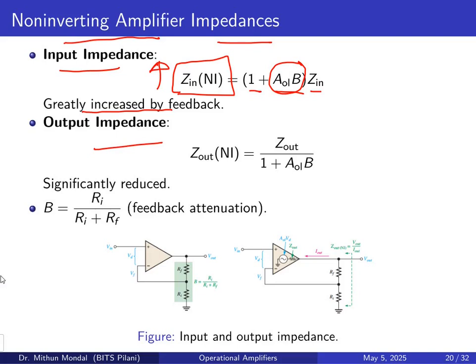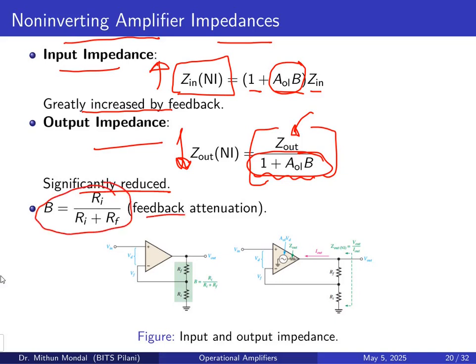Output impedance is given by this ratio, actual output impedance divided by 1 plus open loop gain multiplied with the attenuation factor. So since this will bring down the output impedance, it is significantly reduced. The feedback attenuation factor, again, B is Ri plus Rf. So the input and output impedance we can see for the non-inverting amplifier.